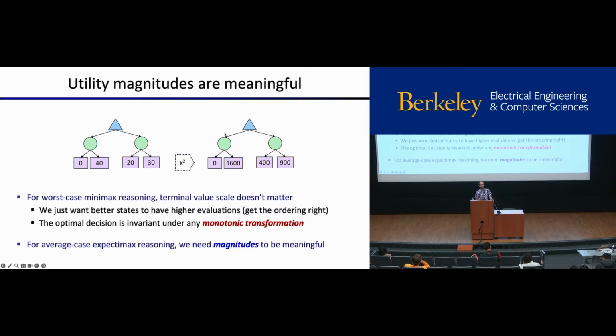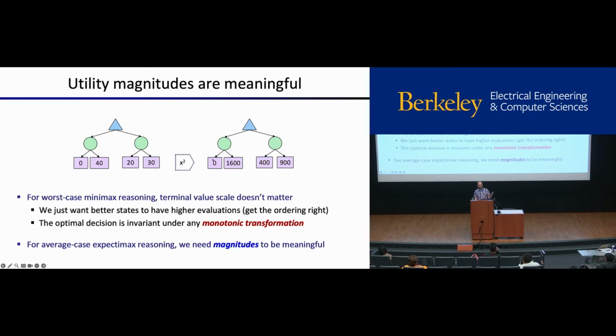So you can see that when you're in an expectimax tree, if you transform the values at the end by a monotonic function, you will not necessarily preserve the optimal policy. You can sometimes change which outcome is preferred. And intuitively, that makes sense.